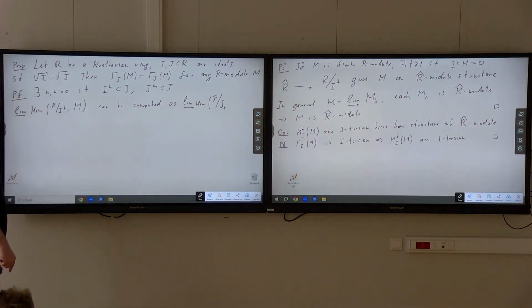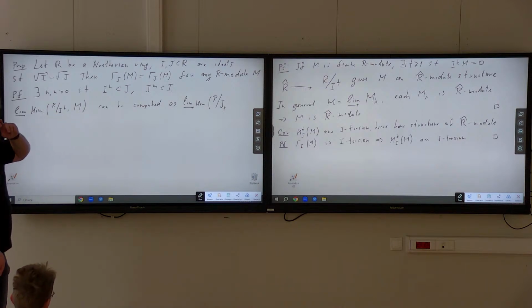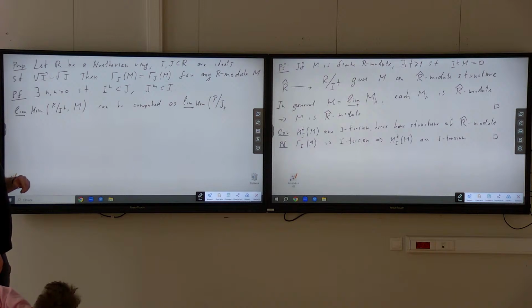Notice that the index is now lower. This is just the power of the ideal, and J_t is just a countable family of ideals.